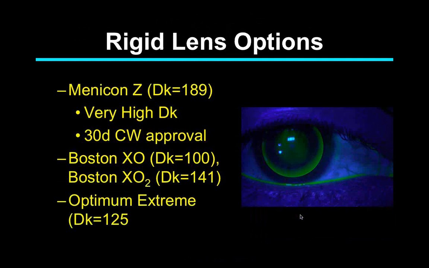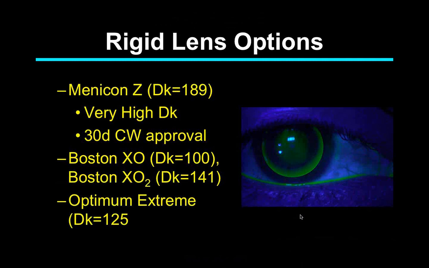You want high Dk rigid materials to use on top. The Menicon Z is approved for 30-day continuous wear. We do not recommend that. All these materials, the Boston XO, XO2, and Optimum Extreme, are quite good. You want a material that's dimensionally stable and, for the laboratory, one that will manufacture well.